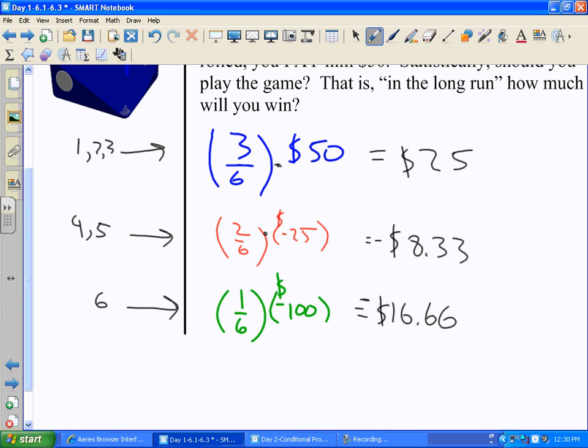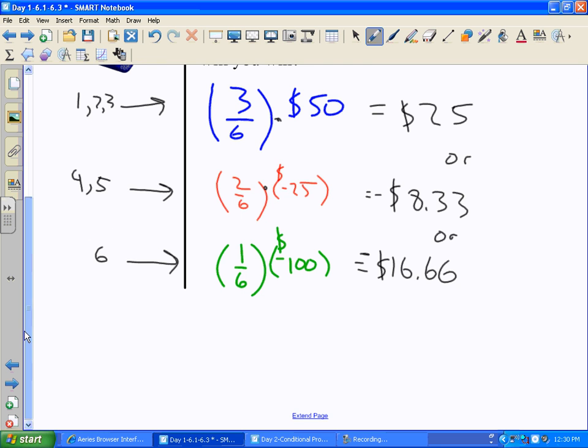To find my expected value over the long run, if I play this game over and over and over again, my expected value for me, the student, would be this, or this, or this. What am I going to do with those values? I'm going to add them up. Well, 25 plus negative 8.33 plus negative 16.66 basically sums to 0, or negative 0.01 because of rounding issues.